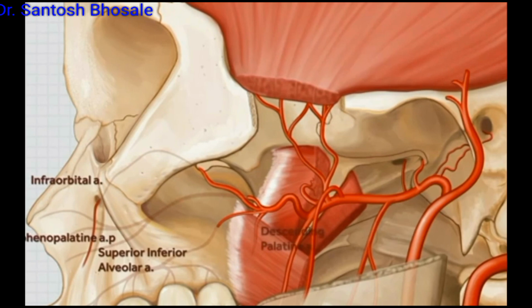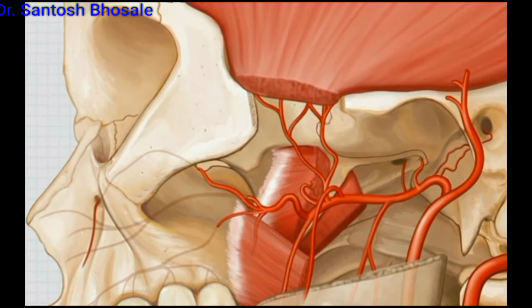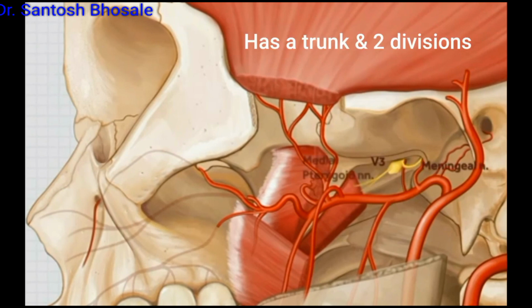The 6 branches are posterior superior alveolar artery, infraorbital artery, greater palatine artery, pharyngeal artery, artery of pterygoid canal, and sphenopalatine artery. Remember them as PIG PAS, P-I-G, P-A-S. They supply mainly the palate, orbit and maxilla.